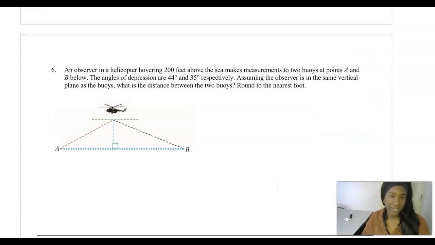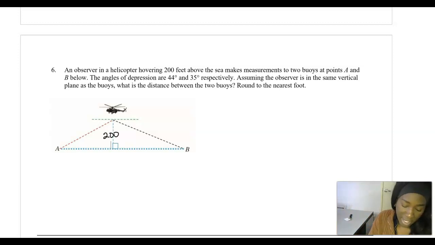In example 6, we have an observer who is hovering 200 feet above sea level, and they're making measurements to two different points in the ocean, point A and point B, and we're given the two angles of depression to those 2 points respectively. Now it's important to remember that when you're sketching an angle of depression, you need a horizontal from your observer.